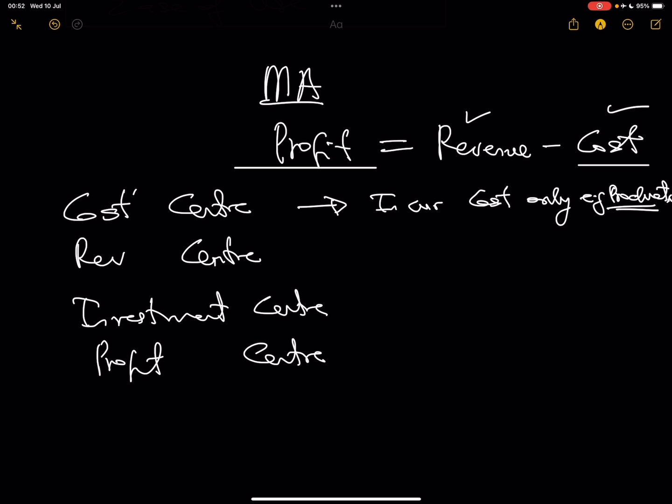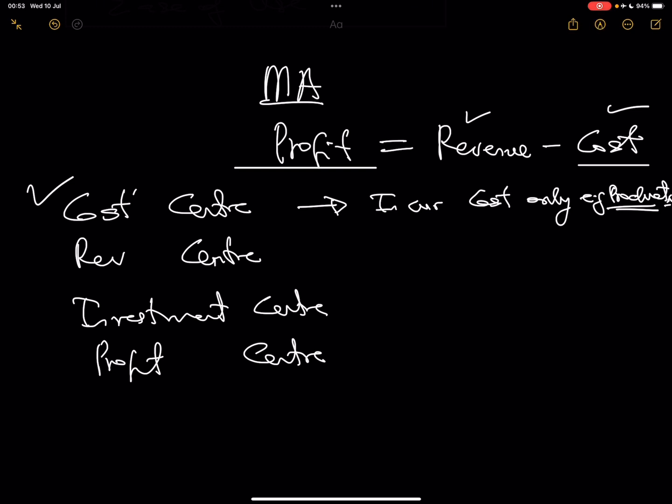The production department only incurs cost because they are not the ones that will sell the products they have made. Other departments, like the sales, marketing or commercial department, might be doing that. So the product is produced by the production department and they are just there to incur cost. And that's a basic cost center.